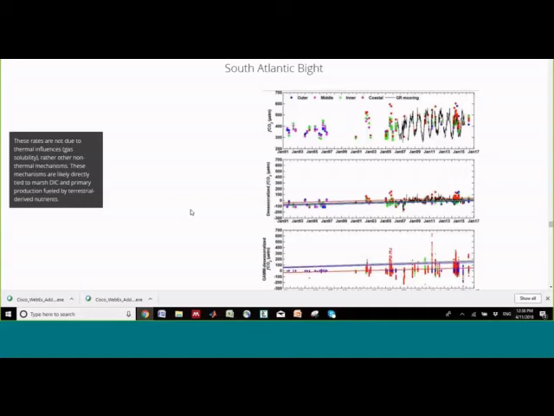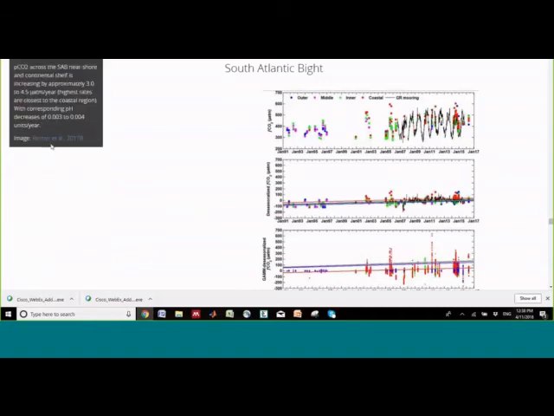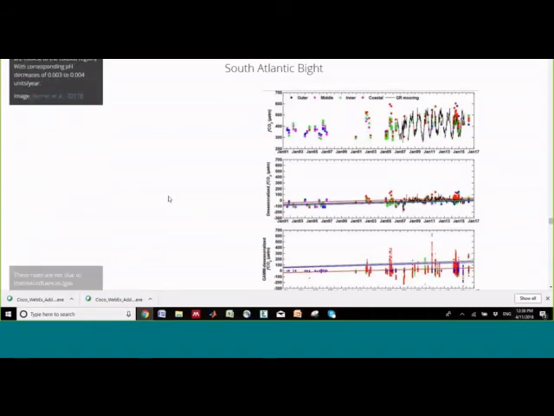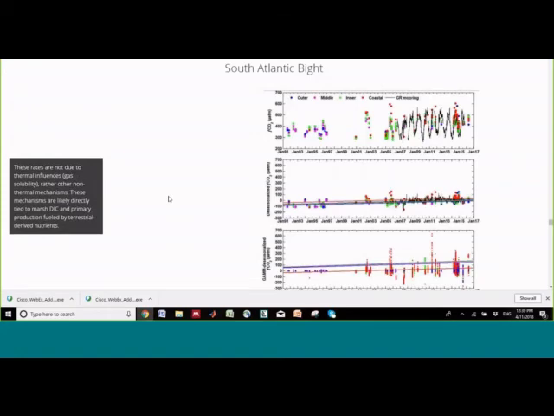However, the increases in pCO2 in the surface ocean in the South Atlantic Bight are above what the atmospheric increase is. So we know that there's some other component. And in this particular study, which is linked here, we eliminated temperature as a potential cause for the increase above what the atmospheric increase would be.